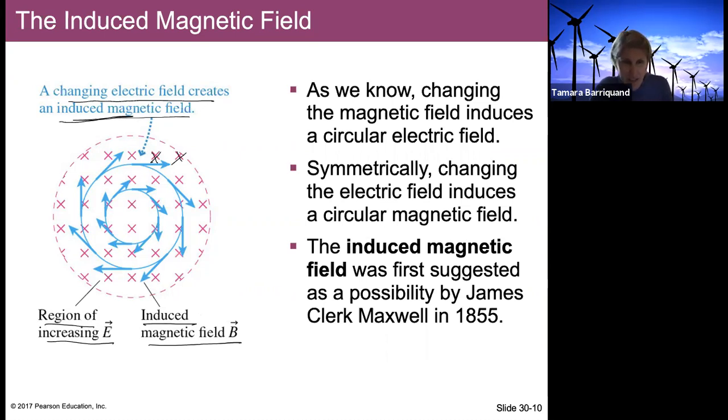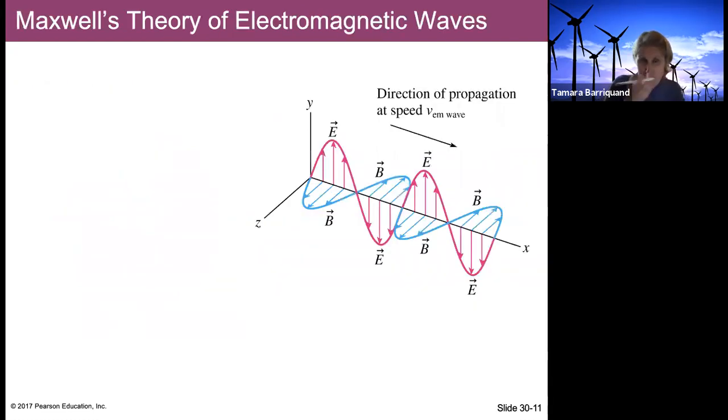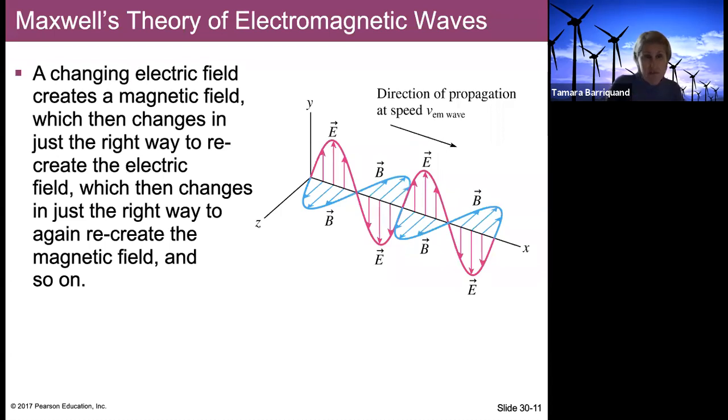So Maxwell took the fact that we can have a changing electric field that will create a changing magnetic field, and a changing magnetic field that will create a changing electric field. And he put them together and saw that here's our changing electric field, and it's creating a changing magnetic field right here. Then this changing magnetic field will in turn recreate the electric field, which then changes in just the right way to again recreate the magnetic field, and so on.